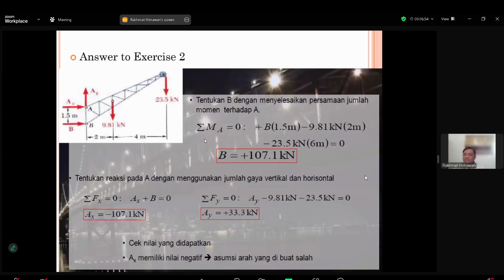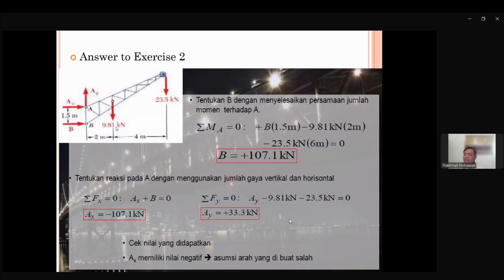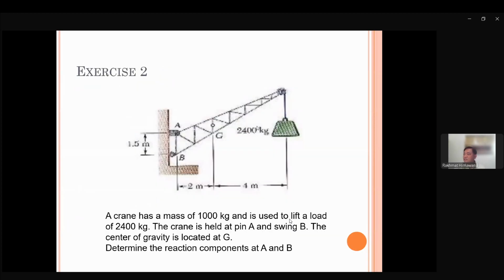Like this. After we calculate with gravity, that 1,000 kilogram we multiply with 9.8 gravity, say the gravity is 9.81. So we have this 9.81 kilonewton, and the 2,400 kilogram also becomes 23.5 kilonewton after we calculate with gravity.